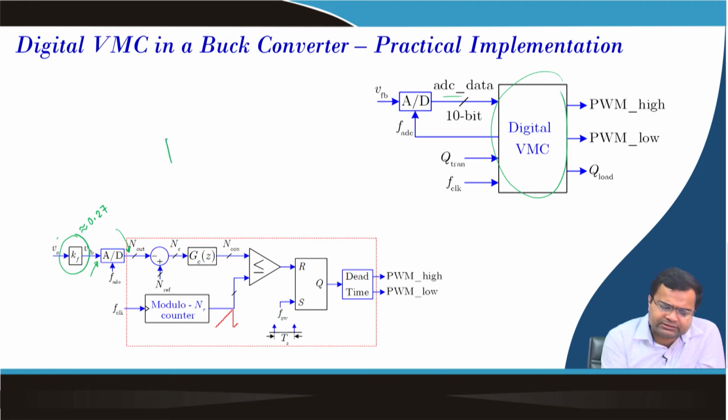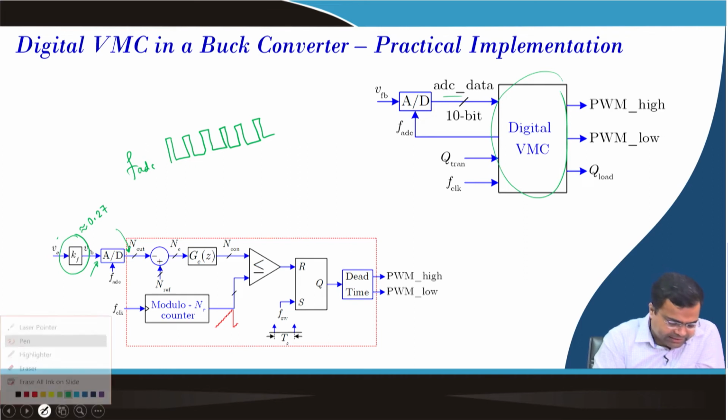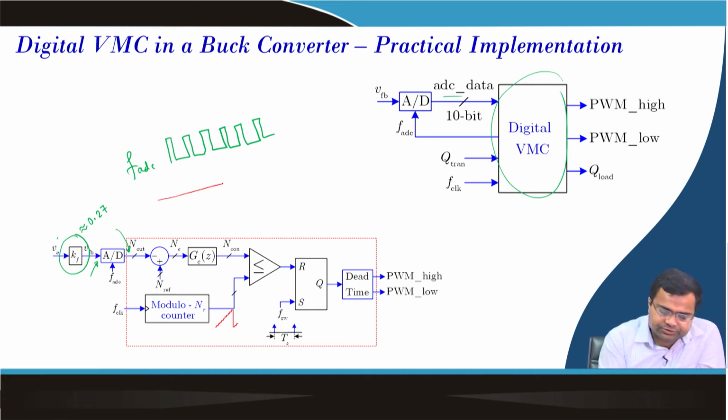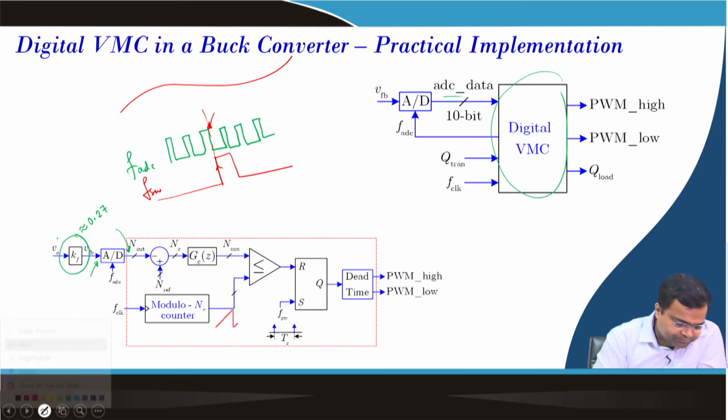That means our samples are available at this F ADC. But let us say we want to capture this sample at this point, because this is continuous, though this is my F switching frequency. So, we are calling the data which is captured right here the output voltage.